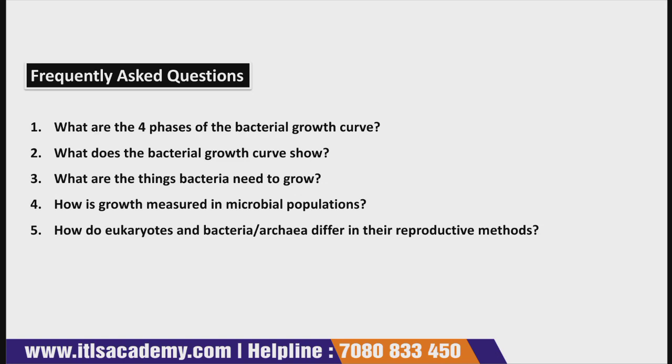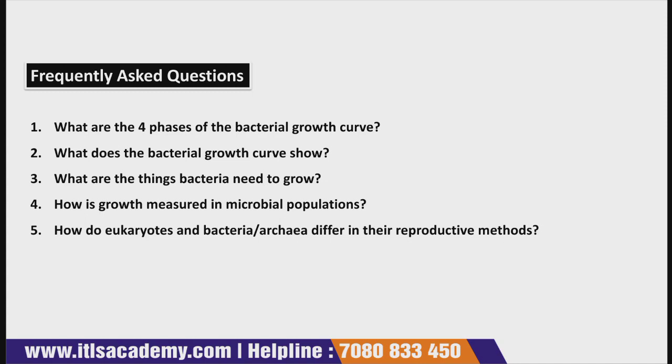You must know the answer. I'm not discussing any answer here, so I just want you to leave the answer or any queries in the comment section below. What are the things bacteria need to grow, like nutrients, the optimum pH, the temperature, the oxygen and everything.